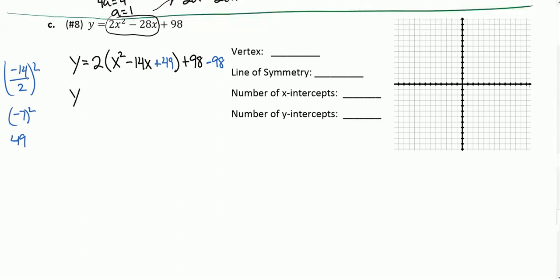Then we factor and get (x - 7) times (x - 7) plus 0. Clean this up a little bit, and you get y is equal to 2 times (x - 7) squared. That's the form we're going to work from.